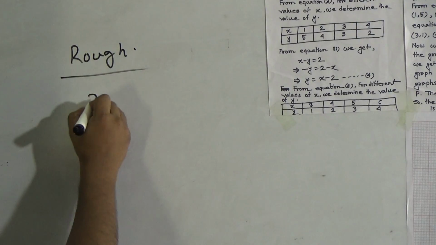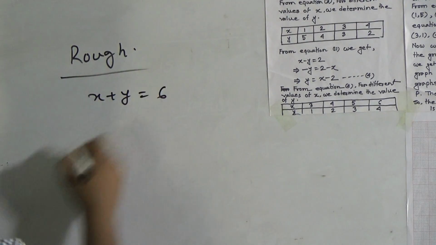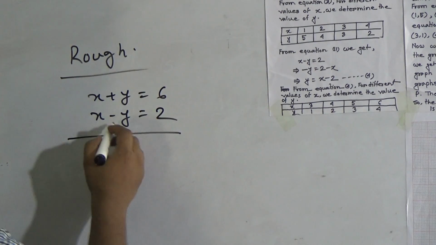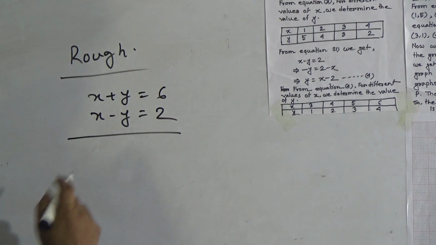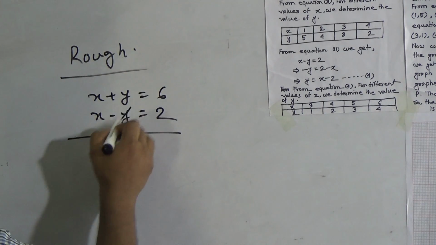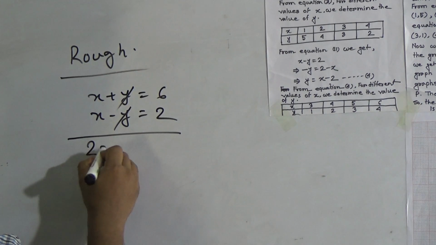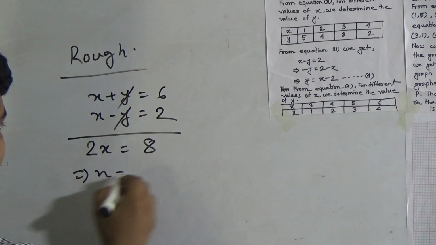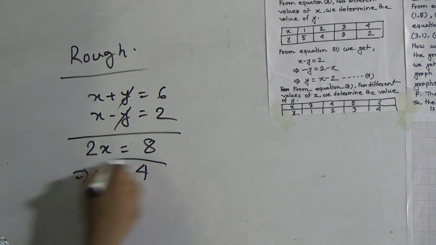But here you notice x plus y equal to 6, x minus y equal to 2. So here y contains the opposite sign. That means we cancel it and we get 2x equal to 8. Now x equal to 8 divided by 2, that means 4. So the value of x is 4.